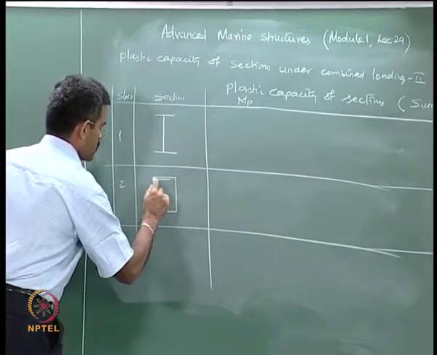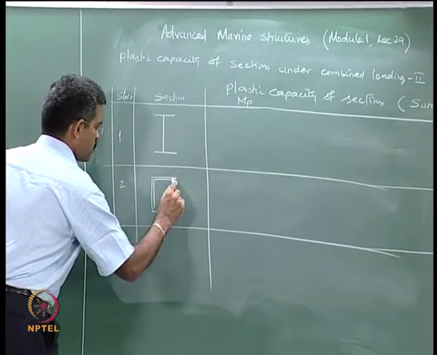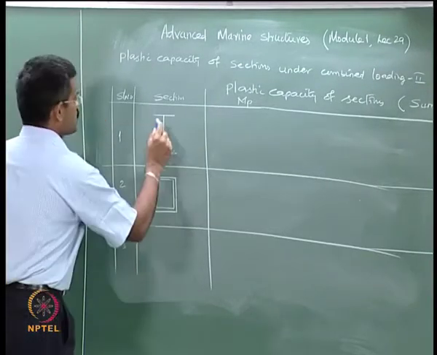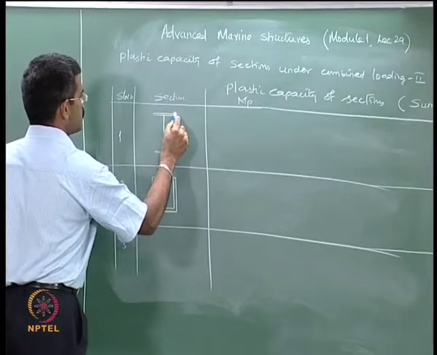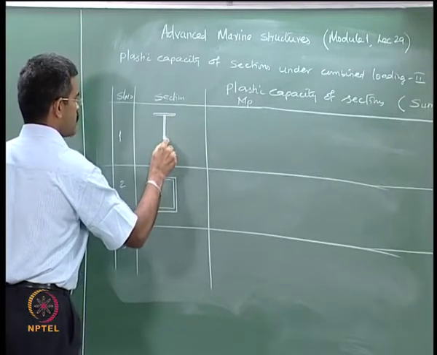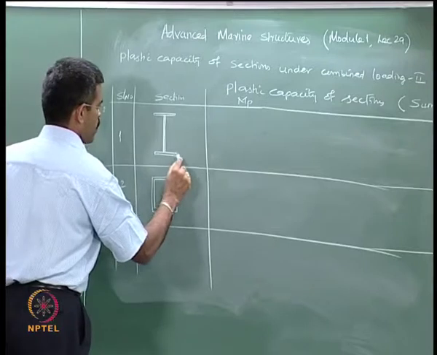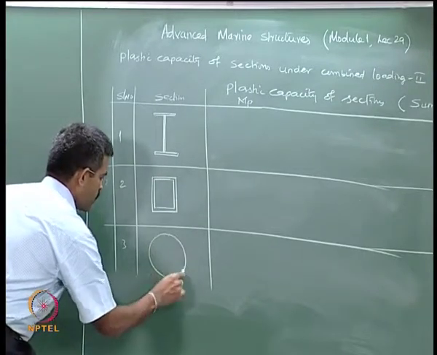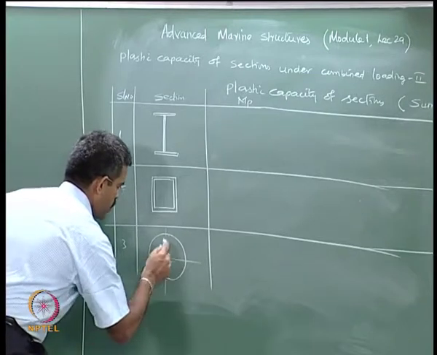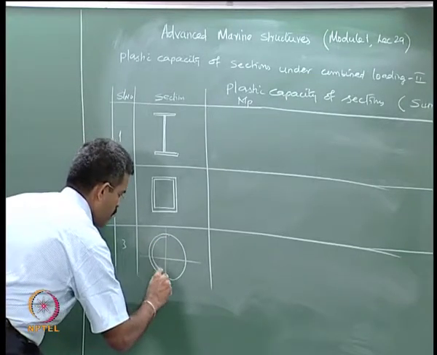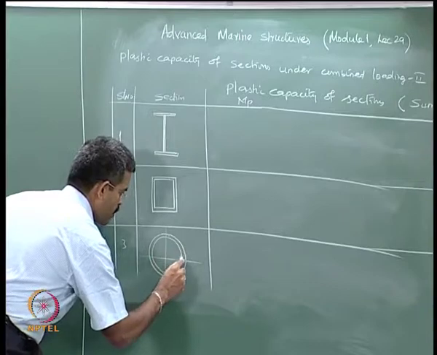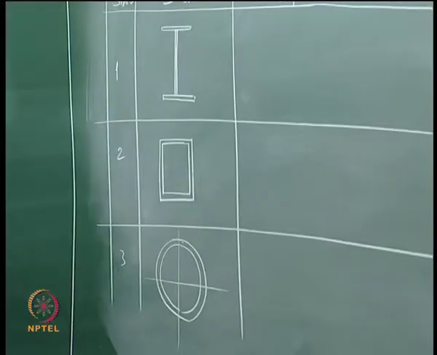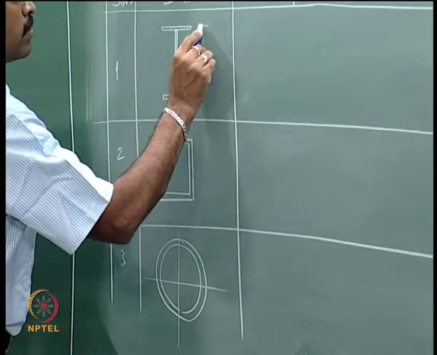All are thin walled sections. Even the I section is also thin walled. I am not drawing it here. Okay, let me draw that. And circular tubes. The standard dimensions are marked here.